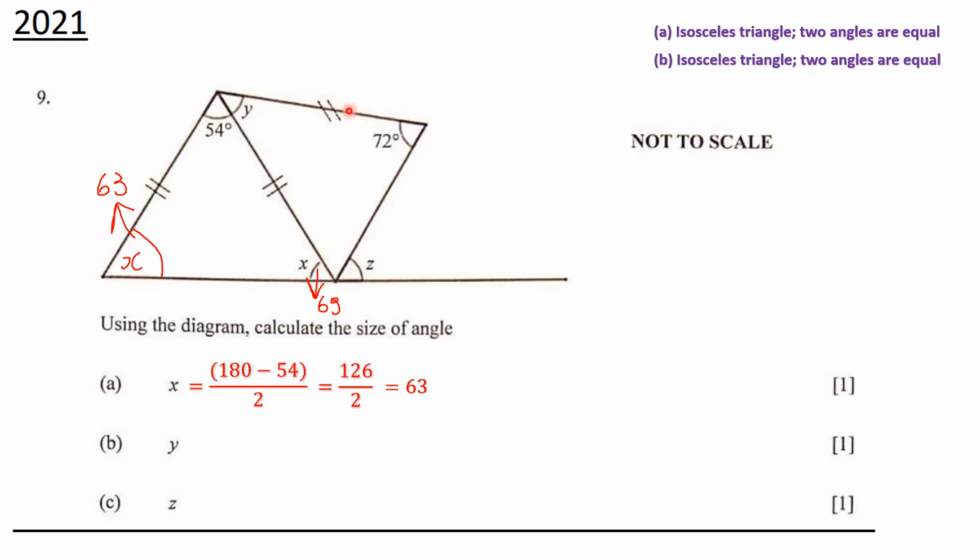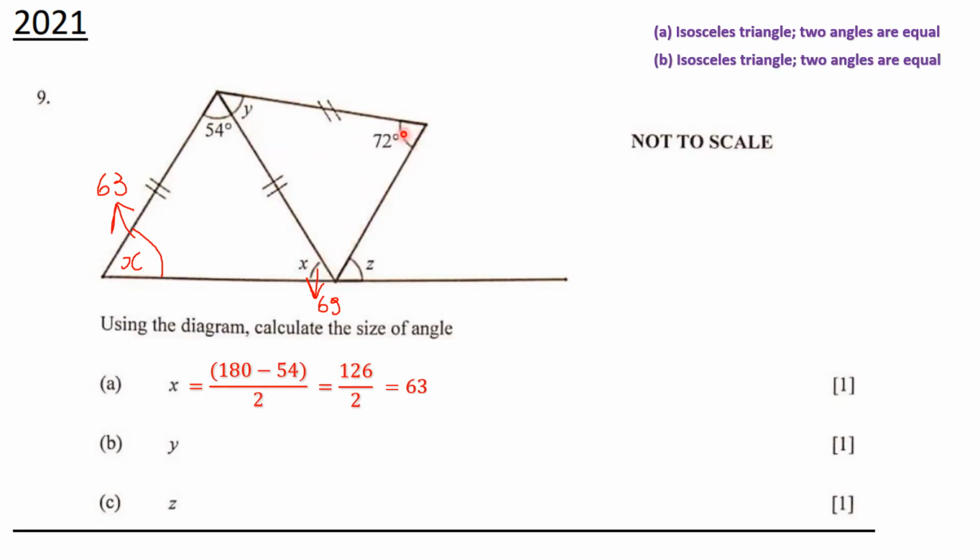And how do we know it's an isosceles triangle? Notice that this has the double stroke, and a double stroke or double dash indicates that these two sides are equal, but more than that, they indicate that the two base angles are equal.